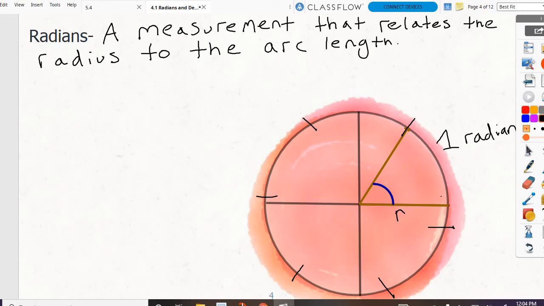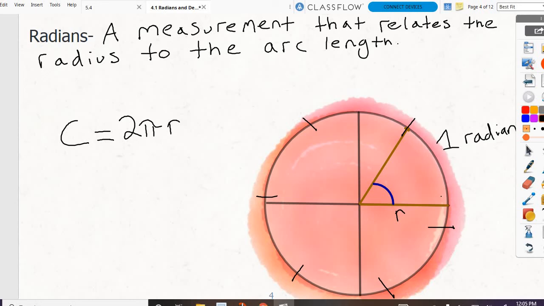So what else do we know of that goes around the edge of a circle? Circumference. And what does circumference equal? 2 pi r. Now, each of your radii were different lengths, so we don't want to plug in all those different numbers.